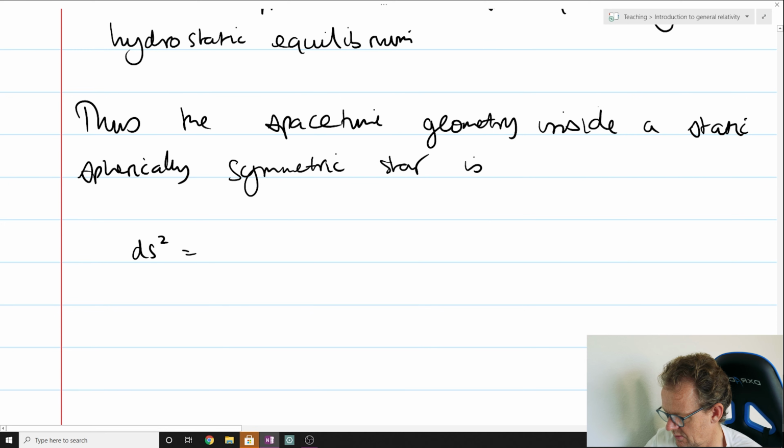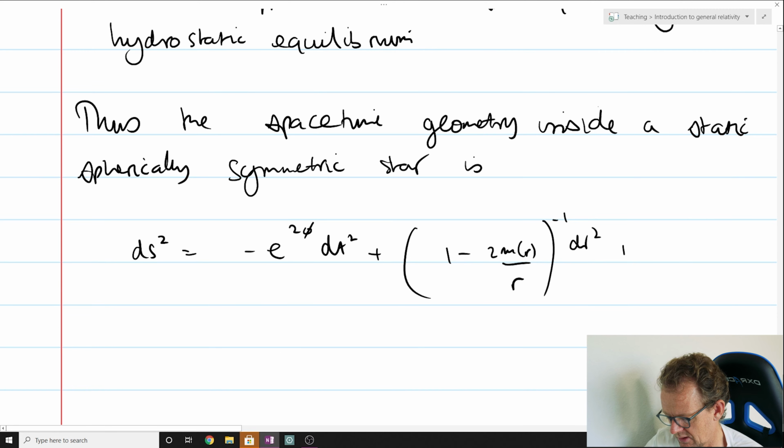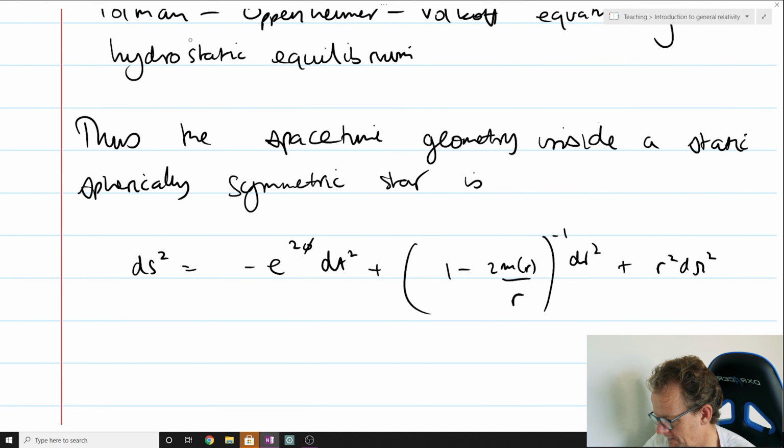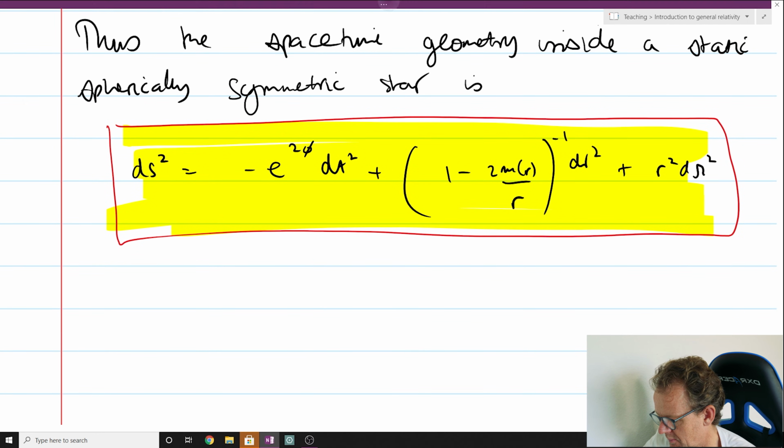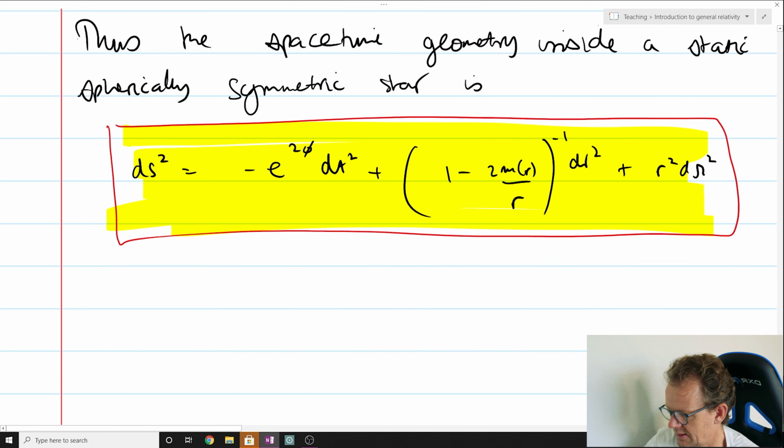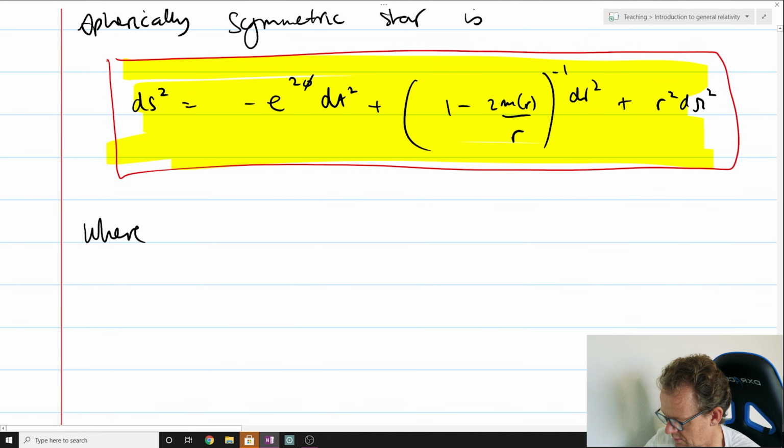It is ds squared is minus e to the 2 phi dt squared plus 1 minus 2 little m(r) over r, all to the minus 1, dr squared plus r squared d big omega squared. And little m of r is as I defined it above.